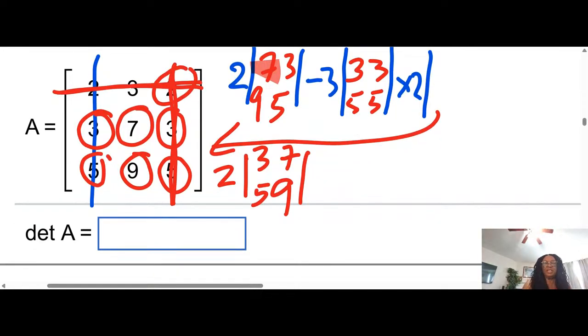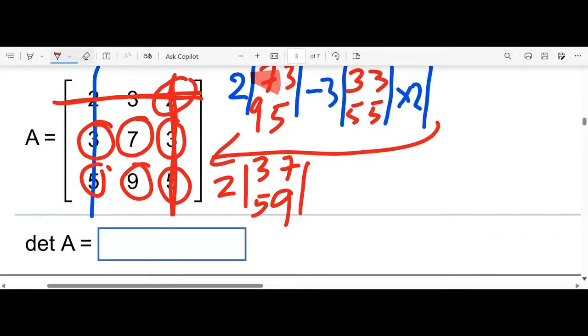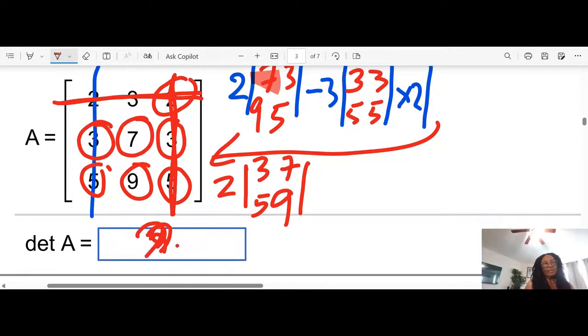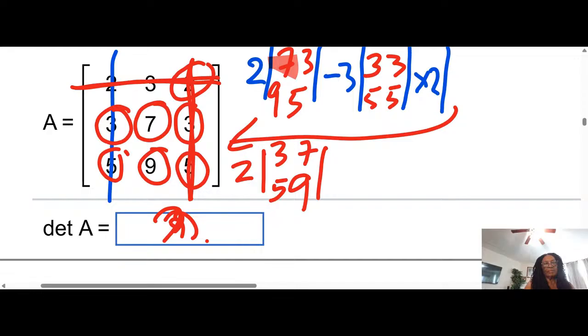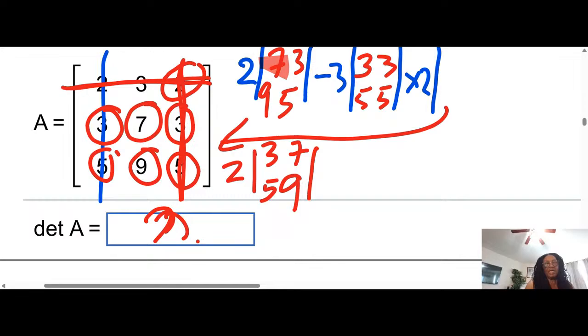So in this matrix, I will have 2. Okay, I think I'm having a technical issue here, but I know it's going to clear very soon.